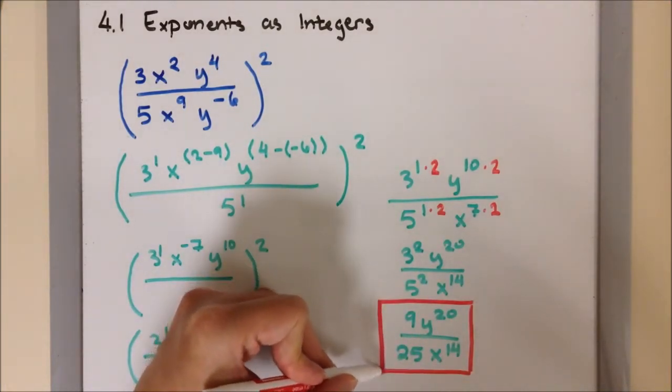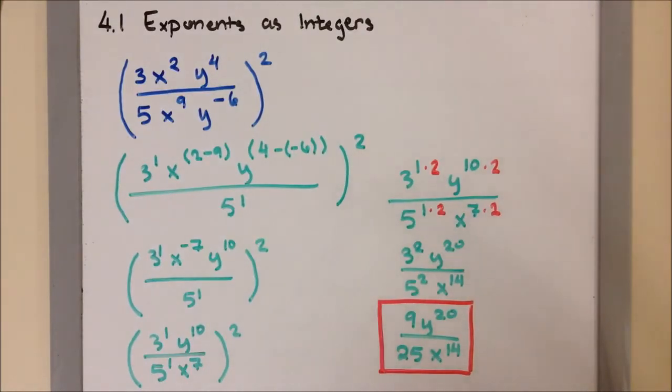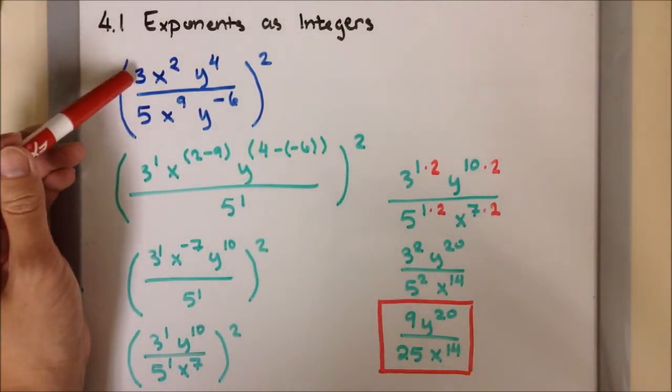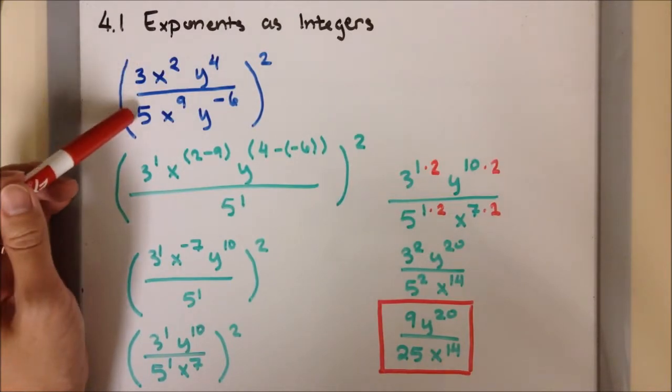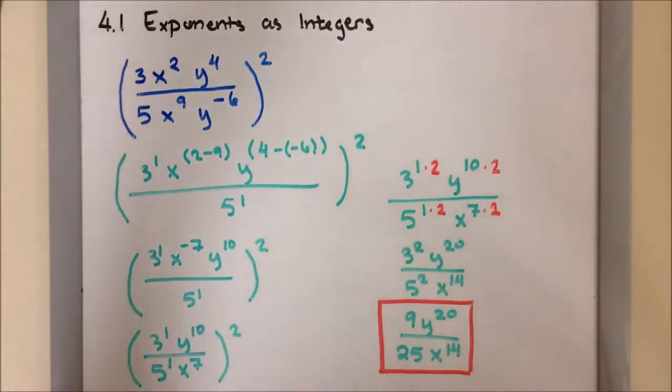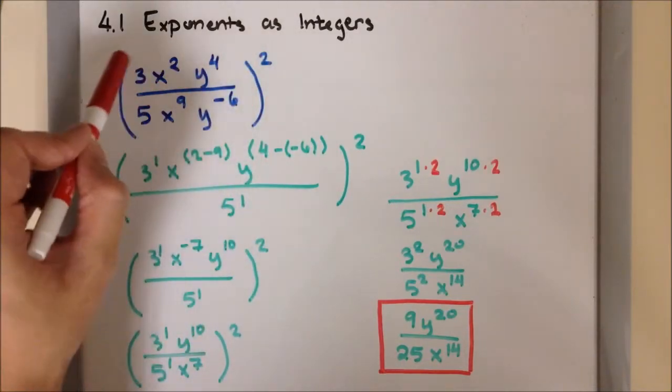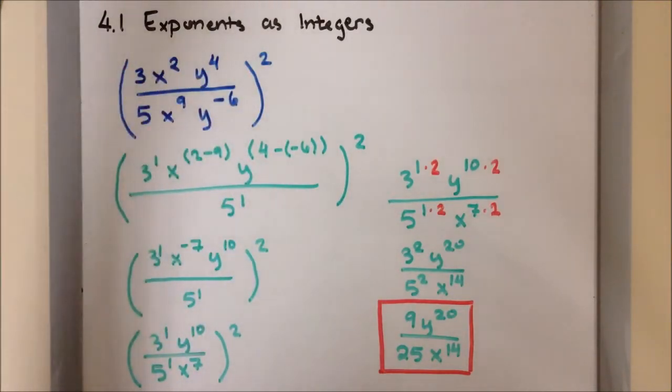Now the one thing you have to be very careful about is if you have a negative coefficient, meaning instead of positive 3, that could have been a negative 3, or instead of positive 5, that could have been a negative 5. So you have to be very careful with negative bases in the event you're working with an exponent that's outside of parentheses or an exponent that's inside where it's an odd number.